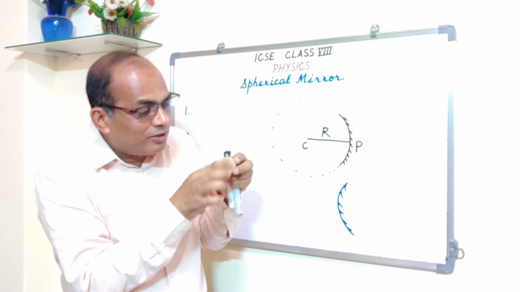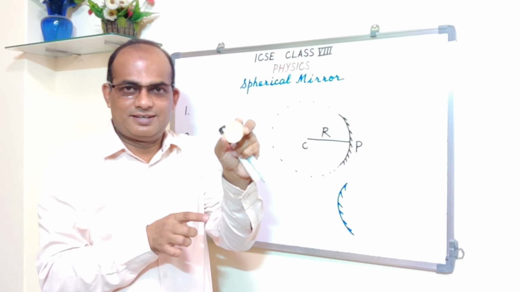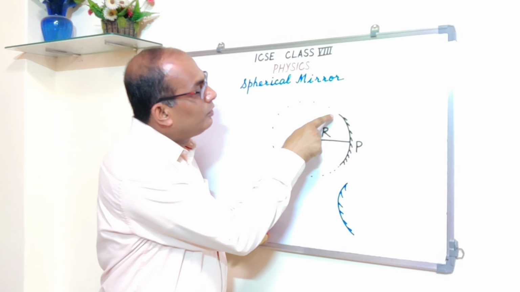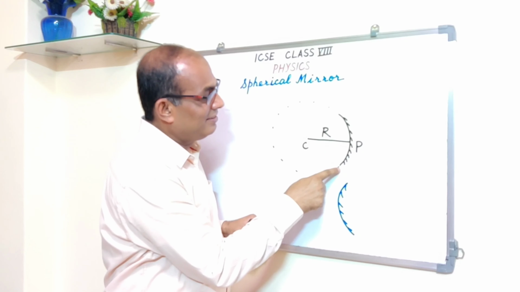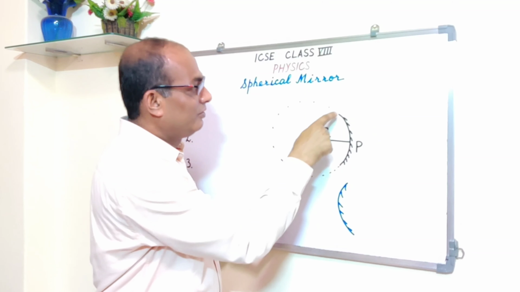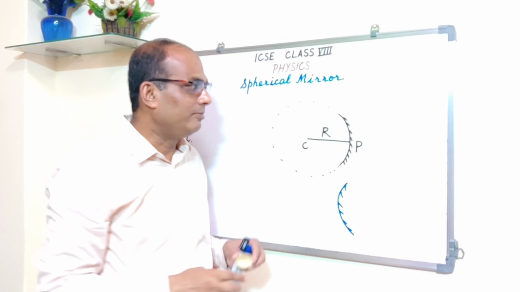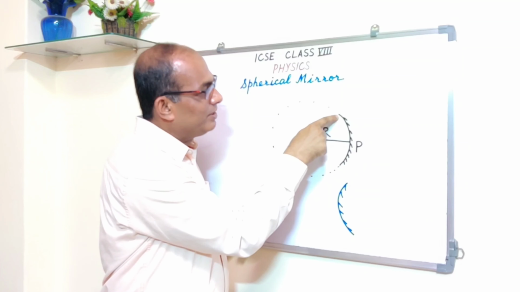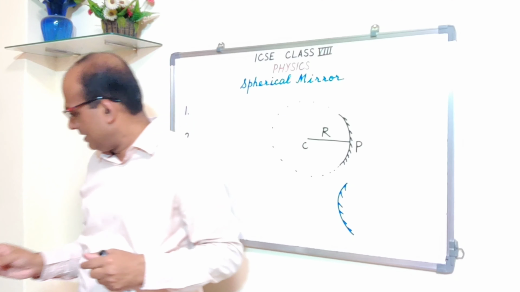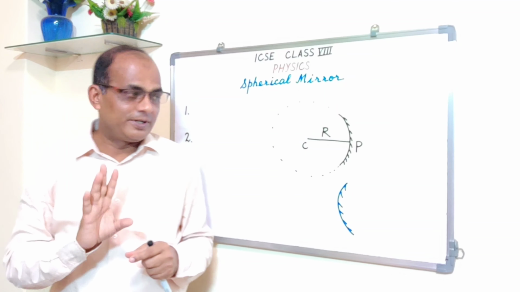The part of the mirror which is exposed to the light is called the aperture. So from this end to this end, this is called the aperture of the spherical mirror. The part of the mirror which is exposed to the light is called the aperture.